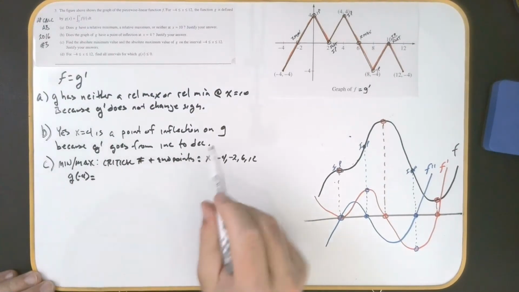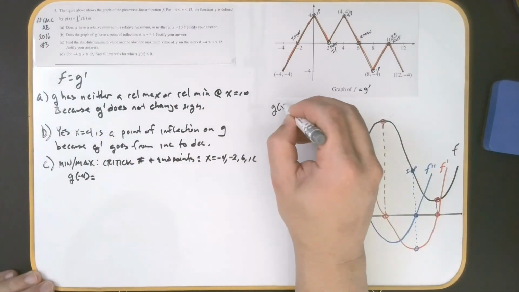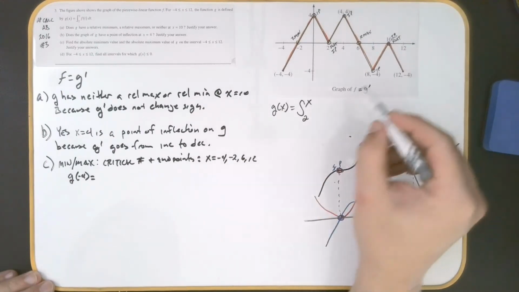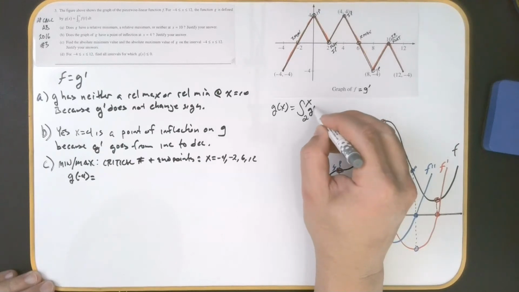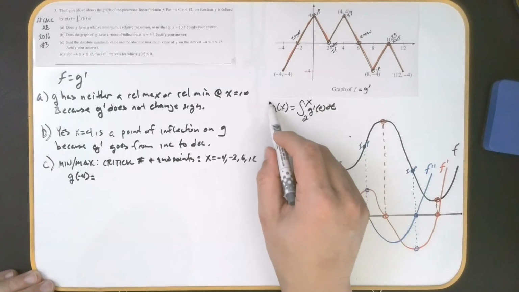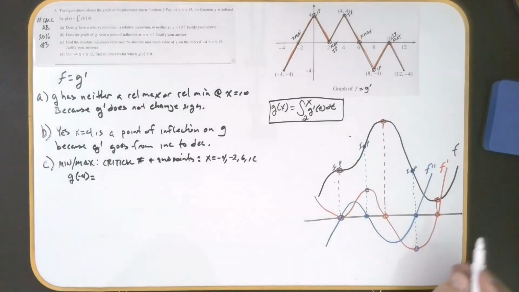Now, according to the rule defined up there, g of x was equal to the integral from 2 to x of f of t, but we replaced f with g prime of t. So g prime of t dt. Okay, so there's our rule that we have to use. I'm just trying to figure out what's going on at g of -4.